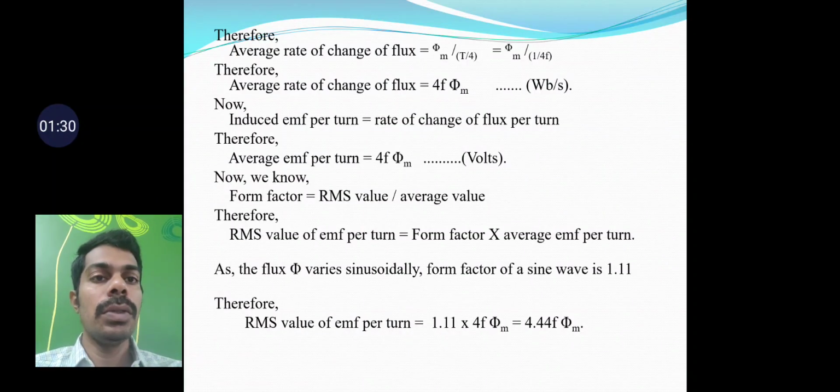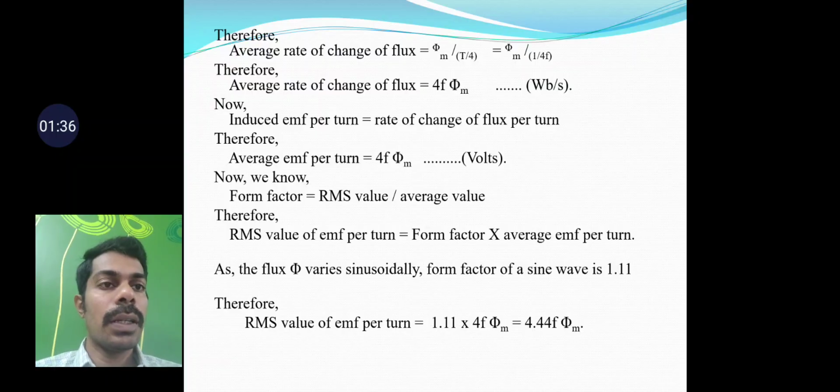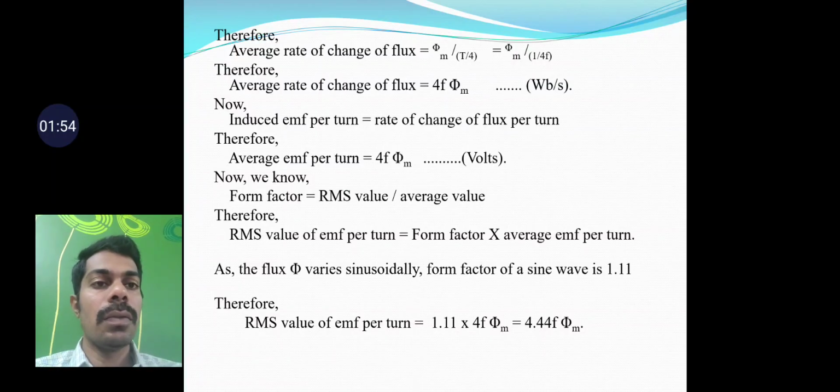Now, the induced EMF per turn is equal to the rate of change of flux per turn. Therefore, average EMF per turn is equal to 4f into phi m in volts. Now, we already know that form factor is equal to RMS value divided by the average value.